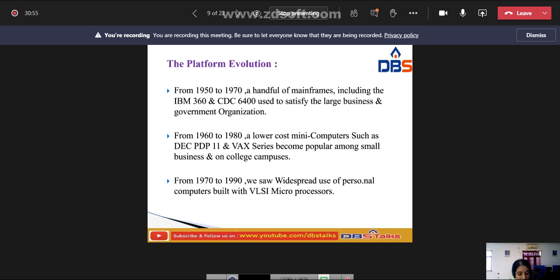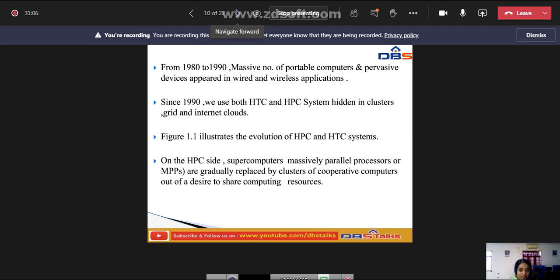What is meant by widespread? It is distributed over a large area or number of people. From 1980 to 1990, a massive number of portable computers and pervasive devices appeared in wired and wireless applications. Since 1990, we are using both HTC and HPC systems.